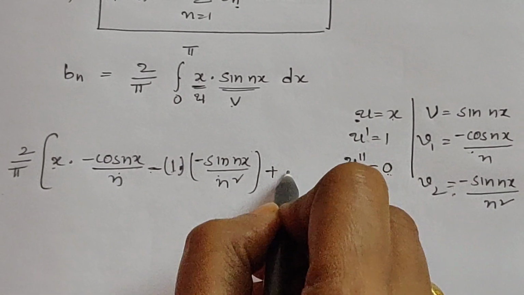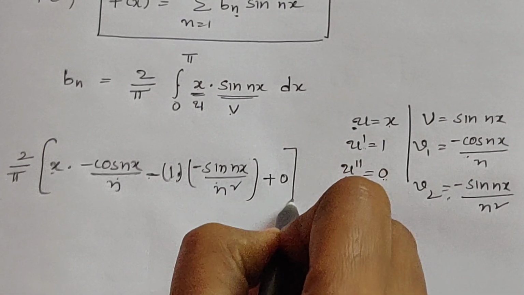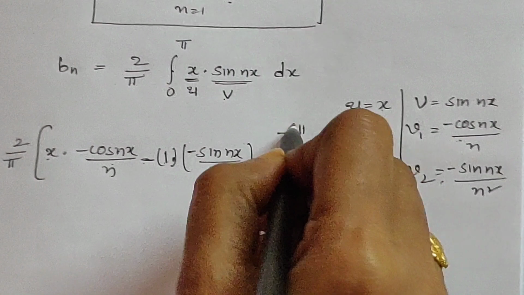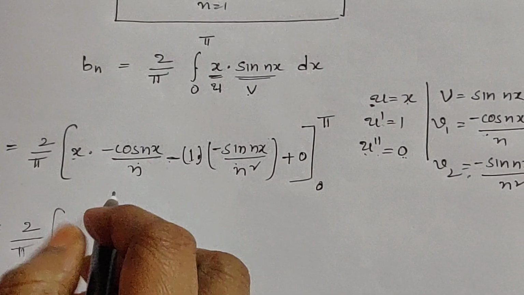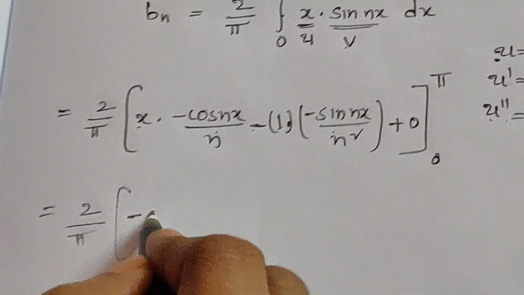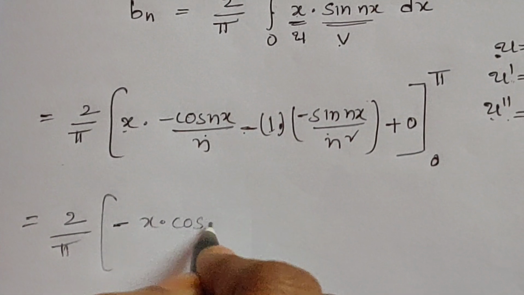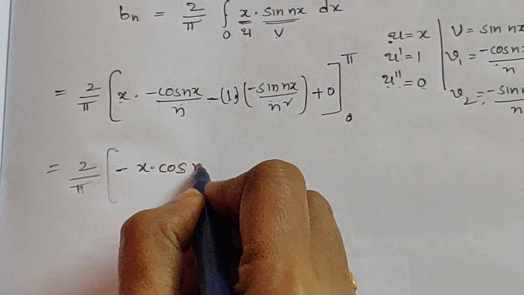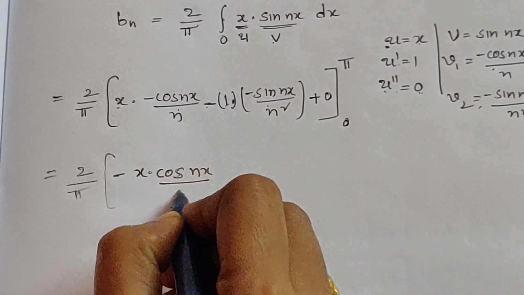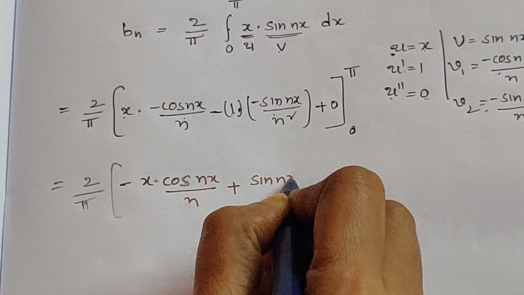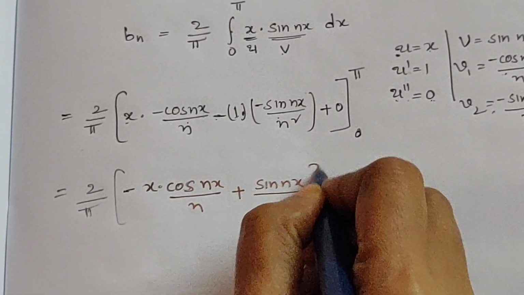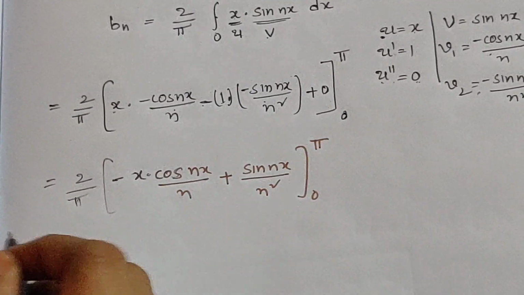As it is 0, the next term is 0. The formula will be stopped. Limits are from 0 to pi. 2 by pi. Here minus x into cos nx by n plus sin nx by n square. Limits are from 0 to pi.